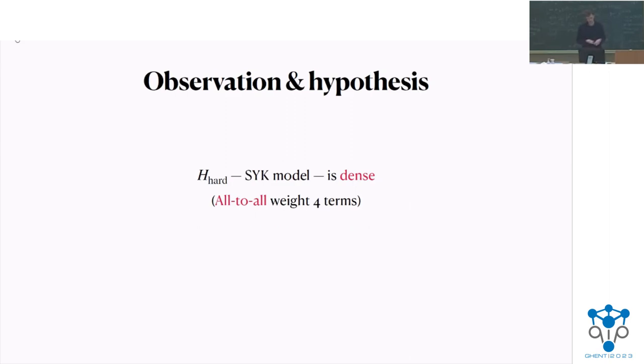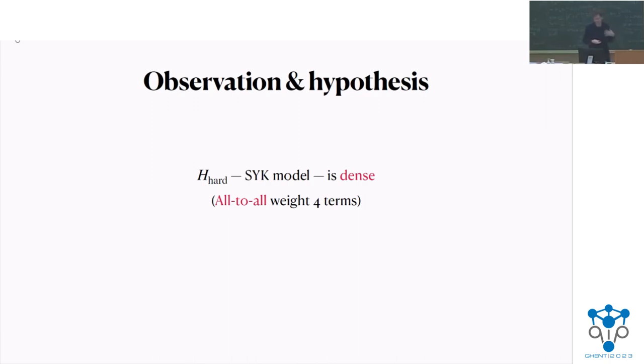So we observed that this SYK model, I didn't define it for you, but the thing that you probably want to know is that it's a model where you have all-to-all interactions of weight 4. So any combination of 4 fermionic terms that you can come up with is in principle present in that model. So it's dense in that sense. And it also has some randomness in its interactions.